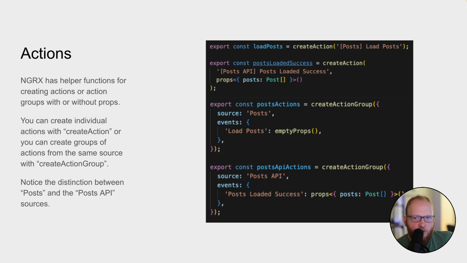That's the language of NGRX, or the Redux pattern, having the source in square braces, and then the action name after that, using spaces. These helper functions generate types that have a camel case name based on the event name. More on that later. You'll see that in the examples, but that's just a little thing to know about it.